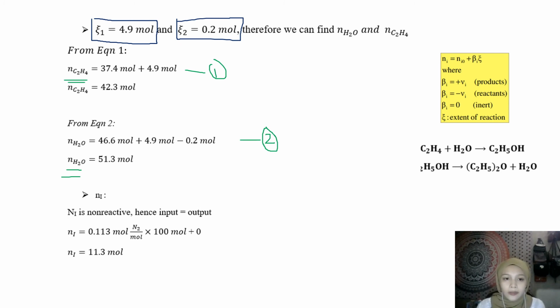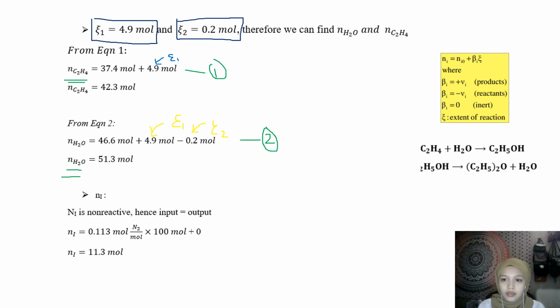For the number of mole of the ethylene at the input side, we insert extent of reaction 1 into the calculation, and we get 42.3 mole. And from equation 2, we insert the extent of reaction 1 and also the extent of reaction 2 into this calculation, and we get the number of mole of the water is 51.3 mole.